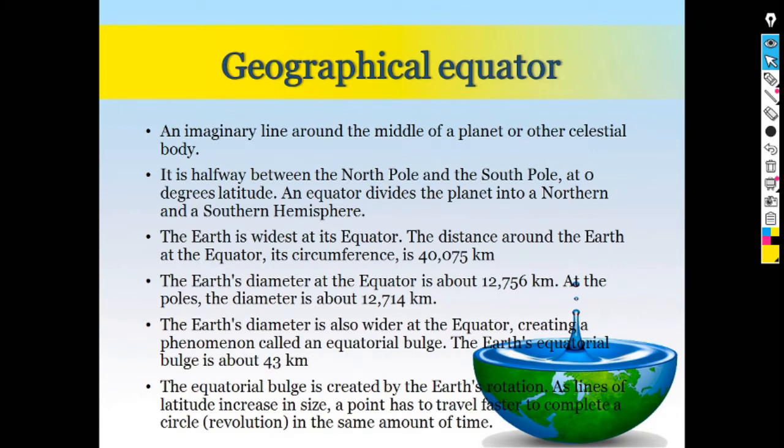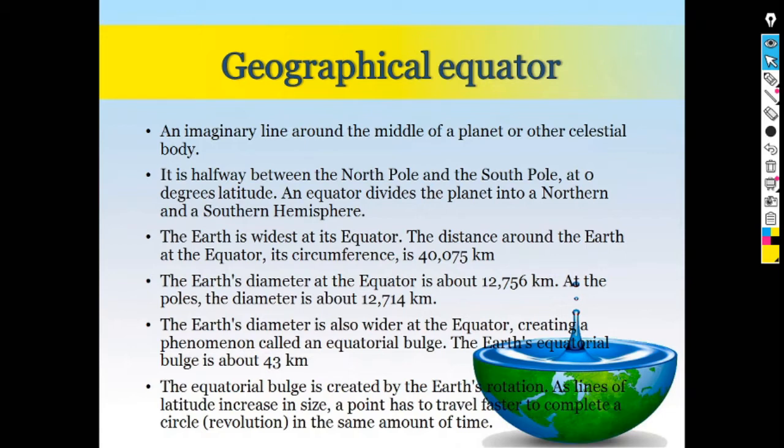The earth is widest at its equator. The distance around the earth at the equator, its circumference, is around 40,075 kilometers. The earth's diameter at the equator is about 12,756 kilometers.